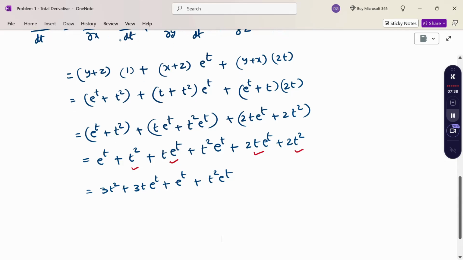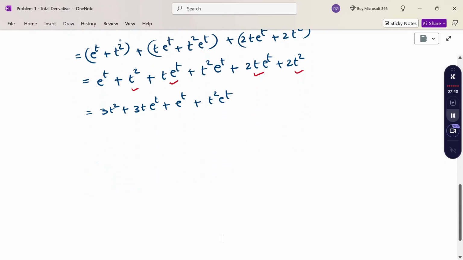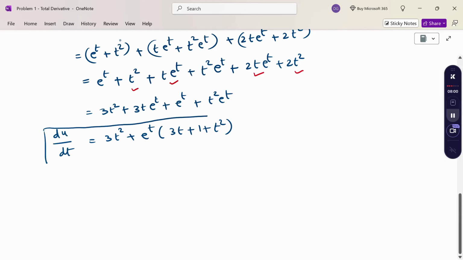Is it possible to take out a common term? Here 3t square plus, e power t is common, so I take e power t common: 3t plus 1 plus t square. Now this is the value of du by dt using partial derivatives. Thank you.